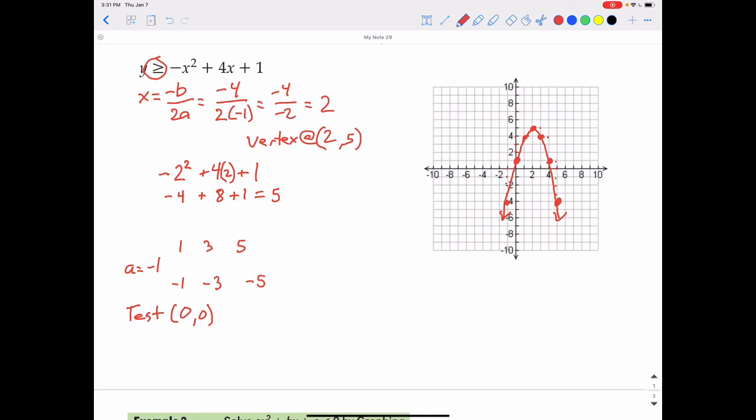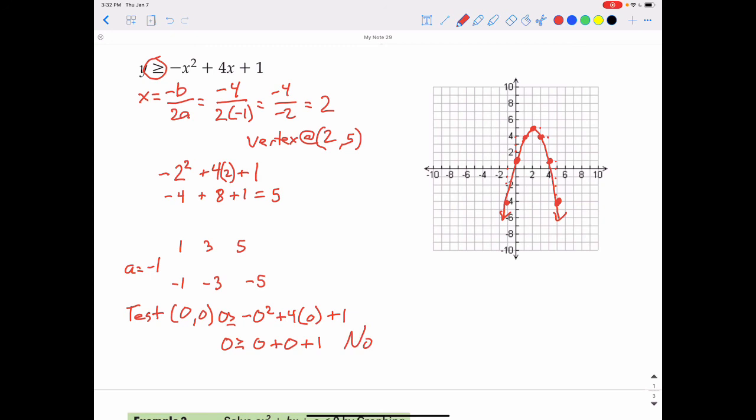It's a little bit above it and a little bit to the left. So we'll do negative 0 squared plus 4 times 0 plus 1 and see if 0 is greater than or equal to that. So is 0 greater than or equal to 0 plus 0 plus 1? That's a no. 0 is not greater than 0 plus 0 plus 1.